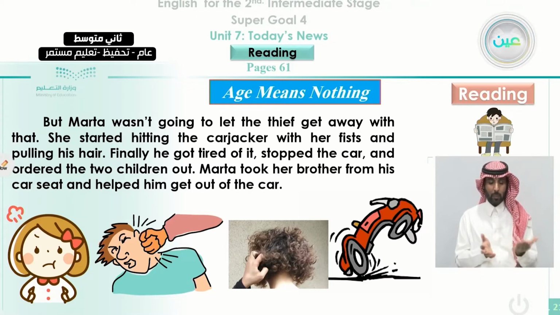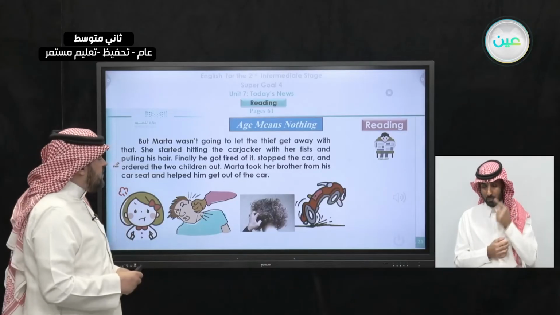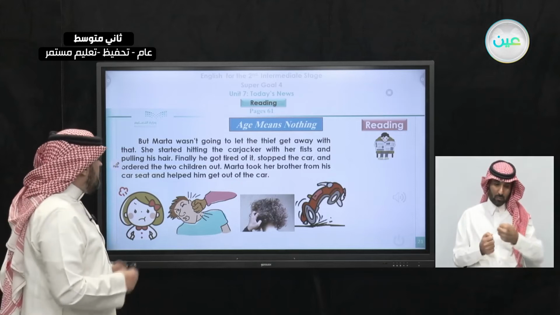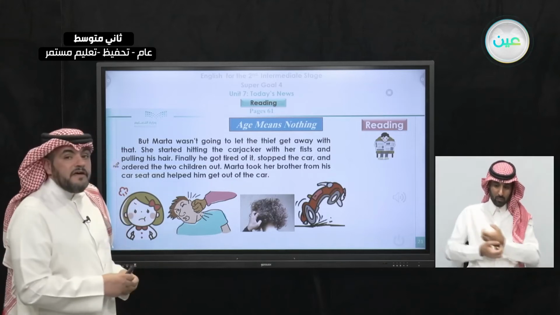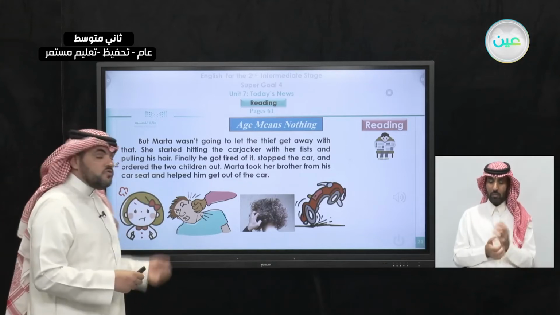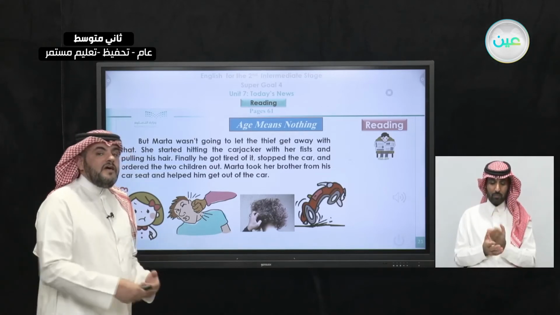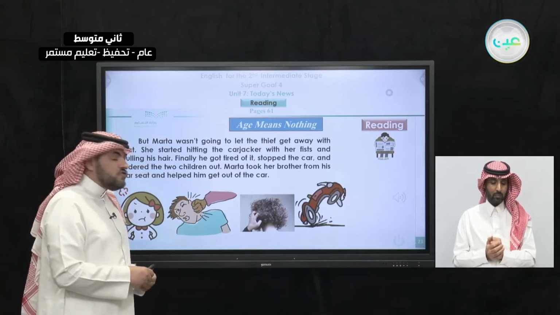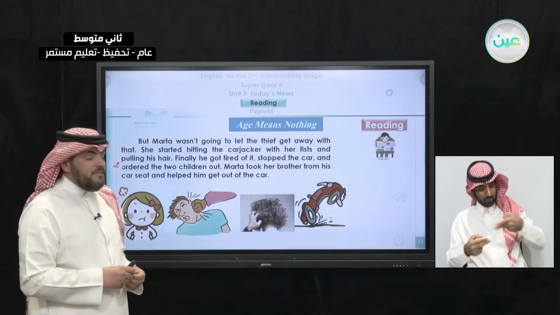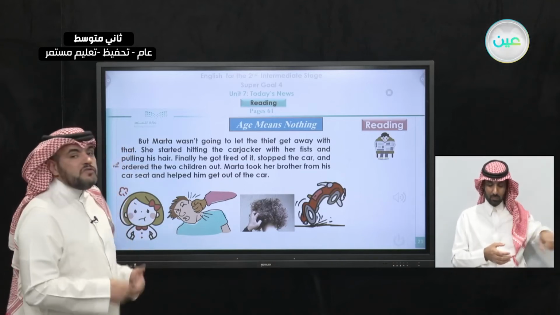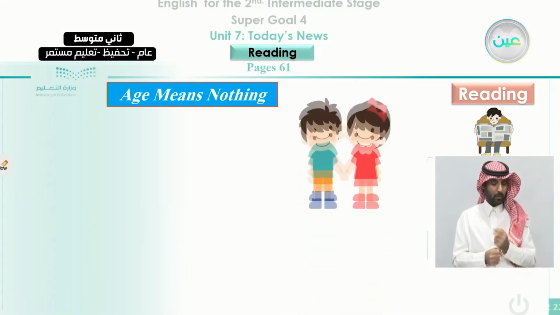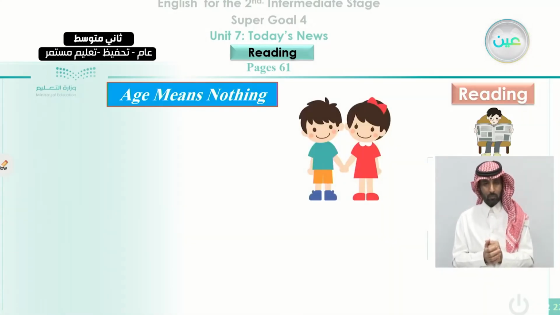Okay, so Marta succeeded in getting away from the car with her brother because she hit the carjacker, and also she pulled his hair, and as a reaction the thief stopped the car and let Marta and her brother go out. What happened next in the last paragraph? Now look at Marta and her brother.